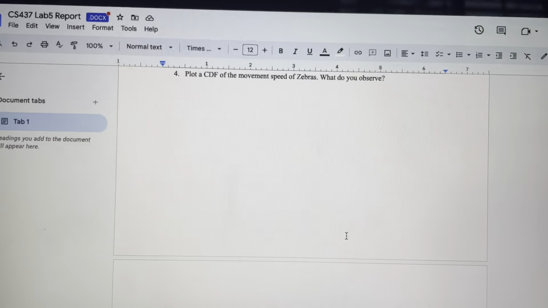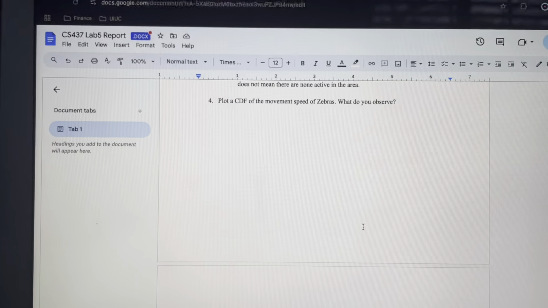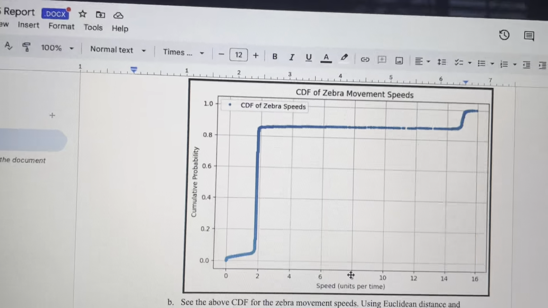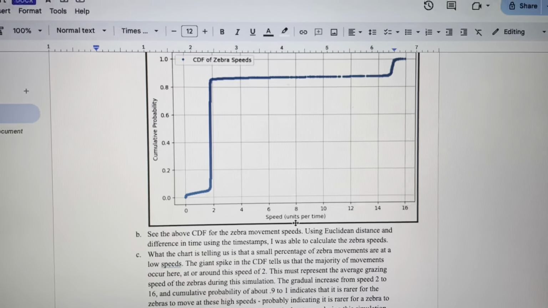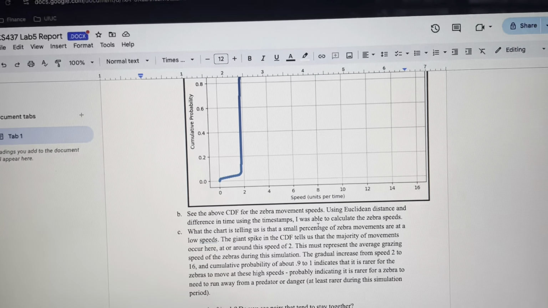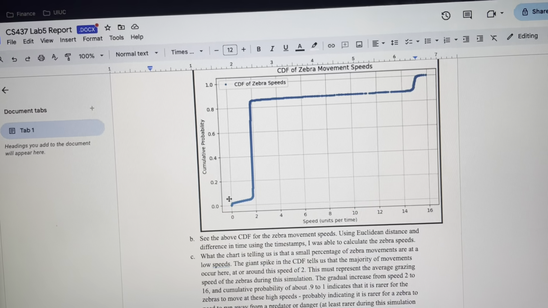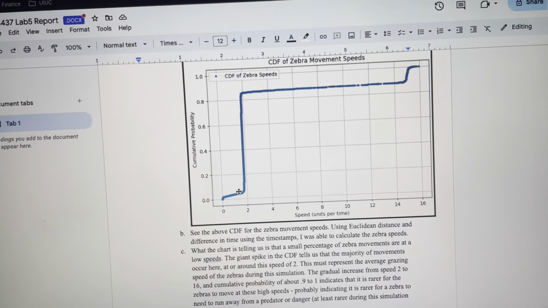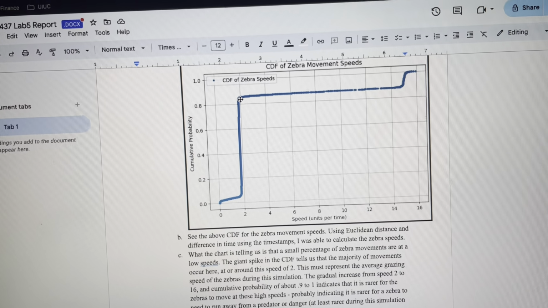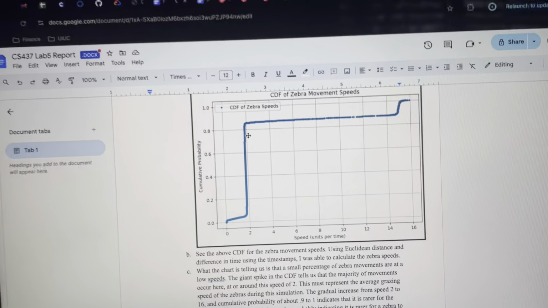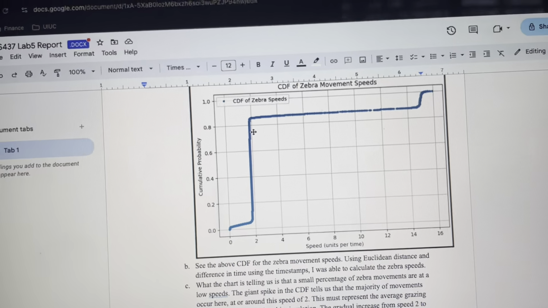So next, I plotted the CDF of the movement speed of zebras. This is the resulting graph, and my observation. What this chart is telling us is that a small percentage of the zebra movements occur at low speed. That's evident by this here where my cursor is. And then this giant spike tells us that the majority of movements occur here at a speed of about 2.